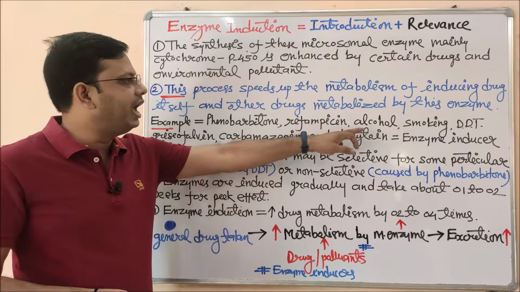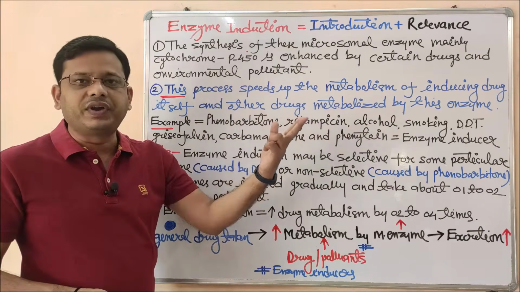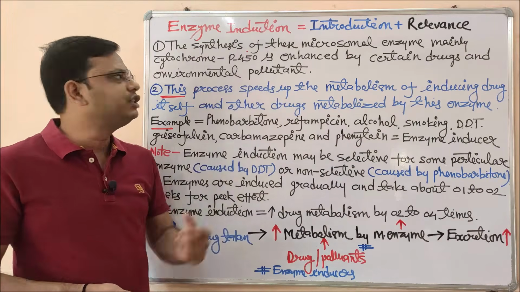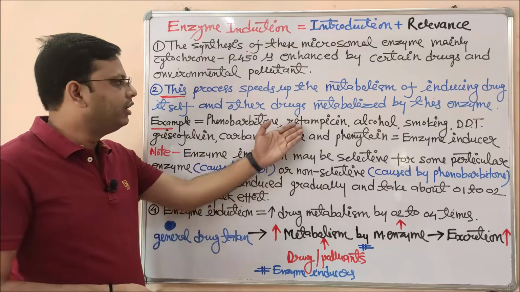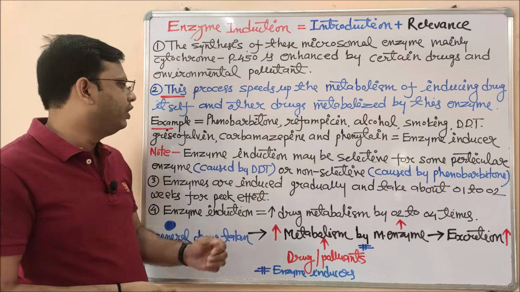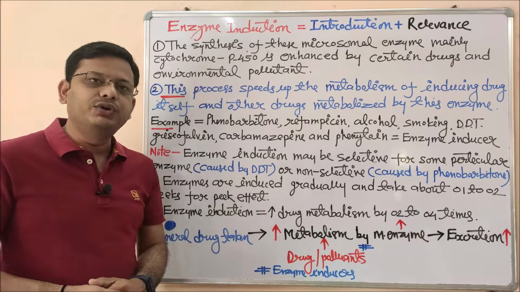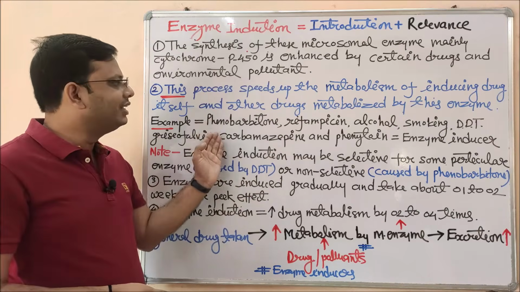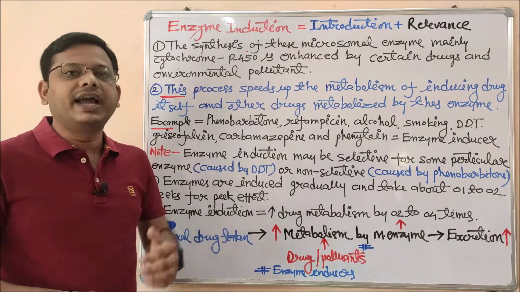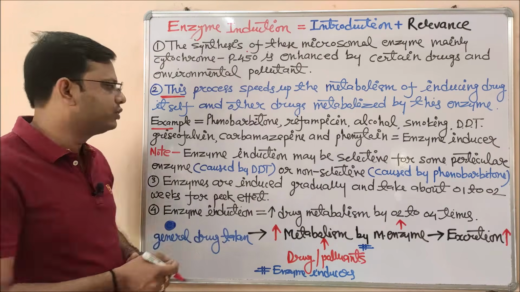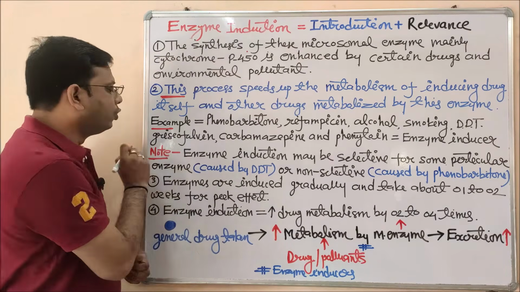Out of these examples, smoking, that is cigarette smoking, and DDT are environmental pollutants, and the rest are drugs of different categories; for example, rifampicin is an anti-tubercular drug, and griseofulvin is used in a different category of drug. So all these other drug categories can affect the drug of choice you have taken and boost up its metabolic process.